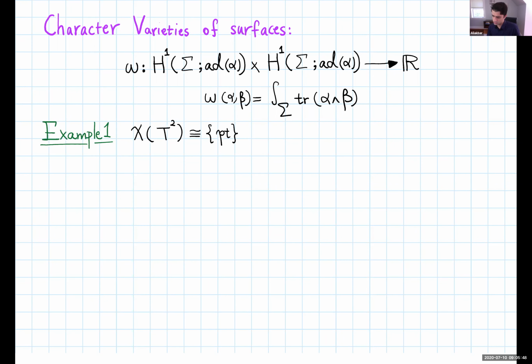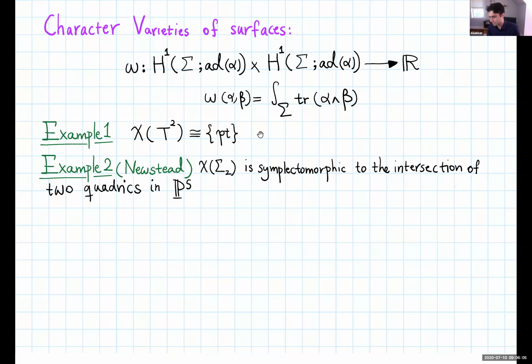Let's look at some special cases of this character variety. In the case that the genus is equal to 0, this is going to be the empty space. It's not hard to see. In the case that the genus is 1, it's also a very simple space. It's just a point. So the first interesting case would be the genus 2 case.